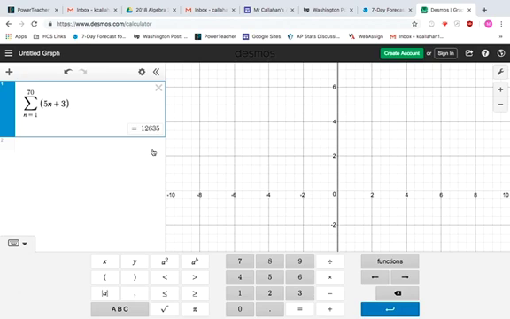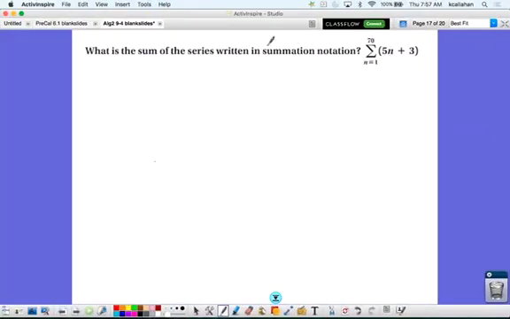So, when you have to do a summation for any reason, you have technology to help you do that. And like I said, Desmos is not going to be available on the 9.5 week test, half of 9 week test, or the CSAs, but it'll be on the SOL.